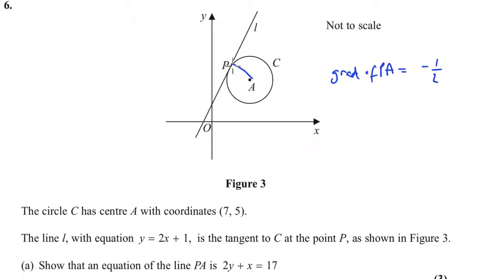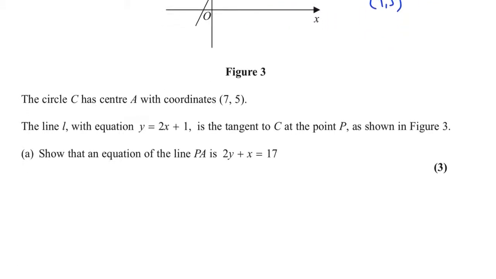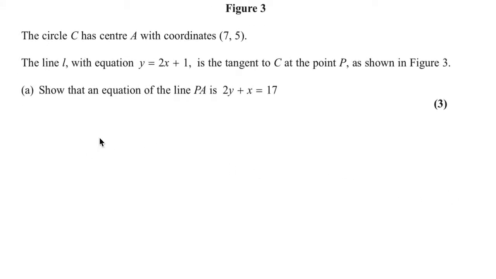We could either use P, but we don't know what P is, or we can use A, so we're going to use 7, 5, and do y minus y1 equals m(x minus x1). So y minus 5 is equal to negative a half times x minus 7.